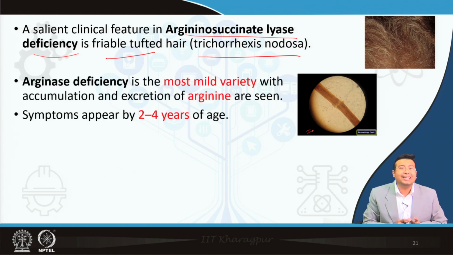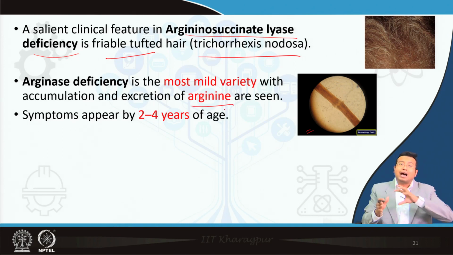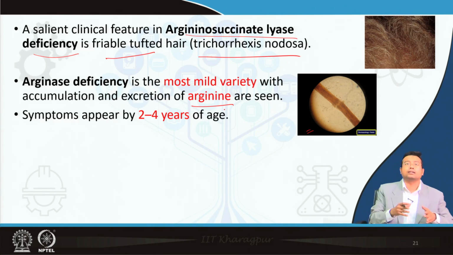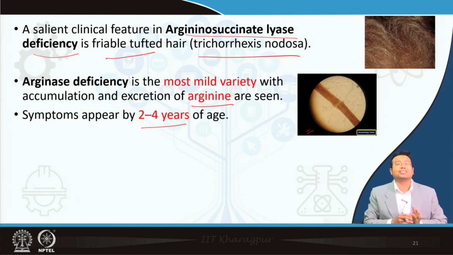The mildest deficiency is actually the last enzyme deficiency, arginase. Mind it, whenever the upper enzymes are deficient, the diseases are much more severe and the manifestation is much more severe. As we move along the cycle, the symptoms become milder. In case of arginase deficiency, it appears within 2 to 4 years of age.